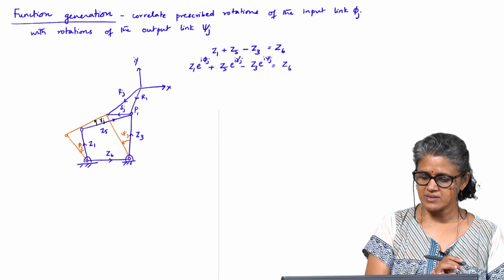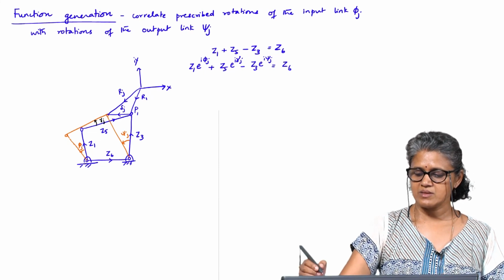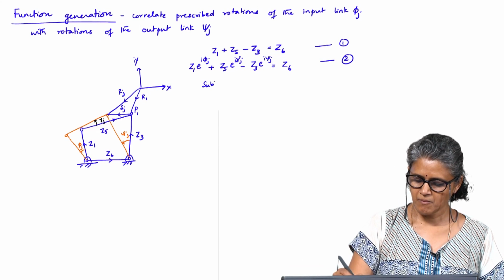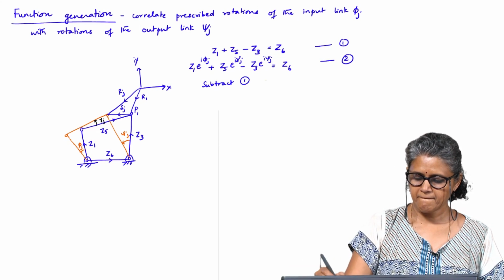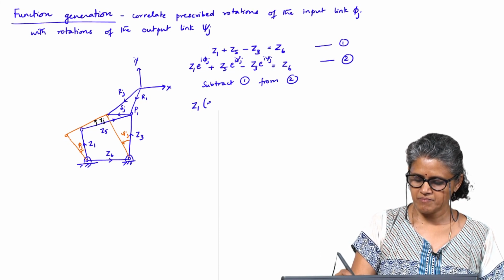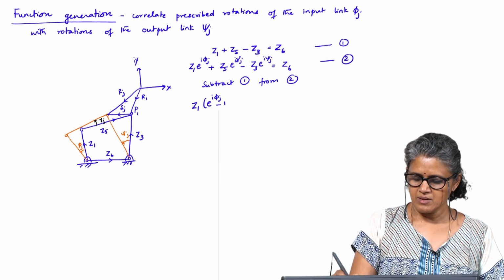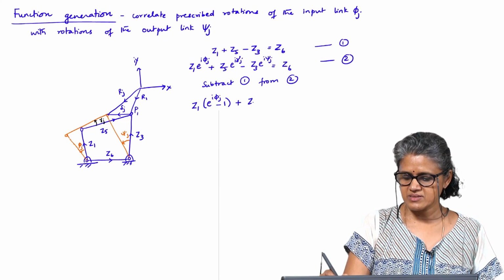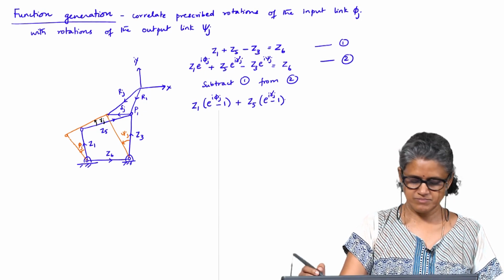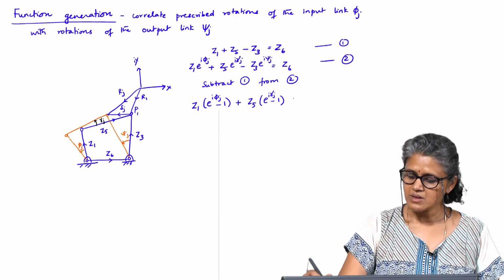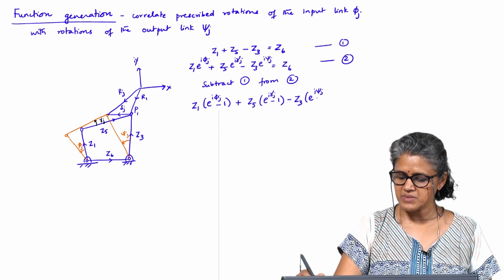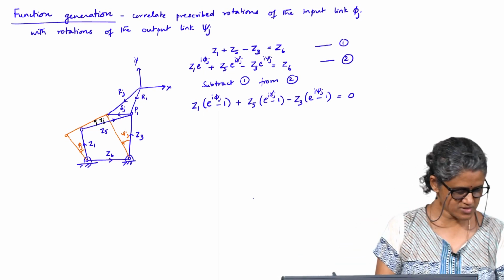So, if I subtract 1 from 2, I get Z1 times (e power i phi j minus 1) plus Z5 times (e power i gamma j minus 1) minus Z3 times (e power i psi j minus 1) equal to 0.